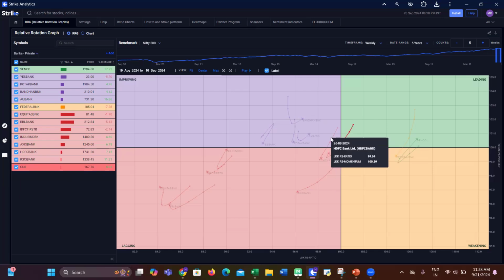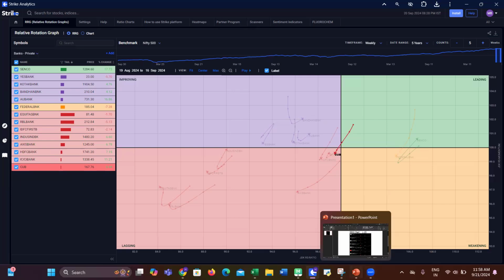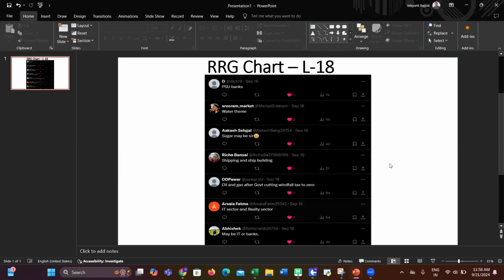So with that, we have covered most of the sectors that you folks had asked for. I think I missed the gas sector, oil and gas. Oil we have covered, but gas, I'll have to see those stocks and add them into the RRG chart and share the status. But other than that, I think we have covered most of them.